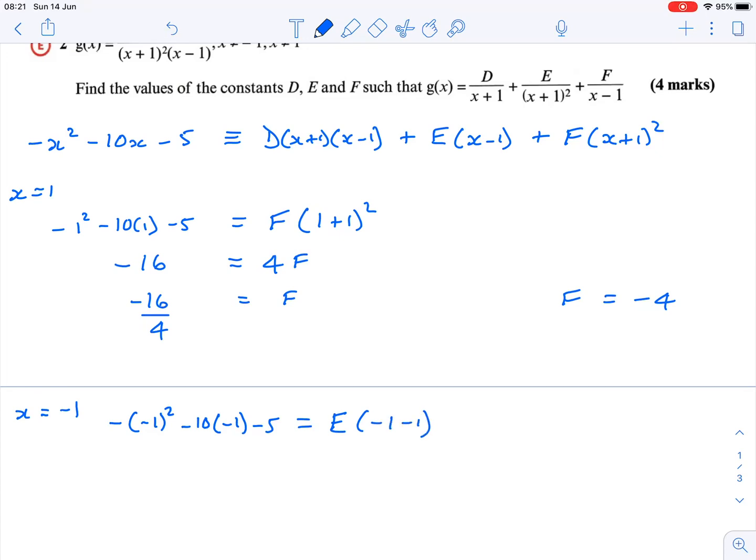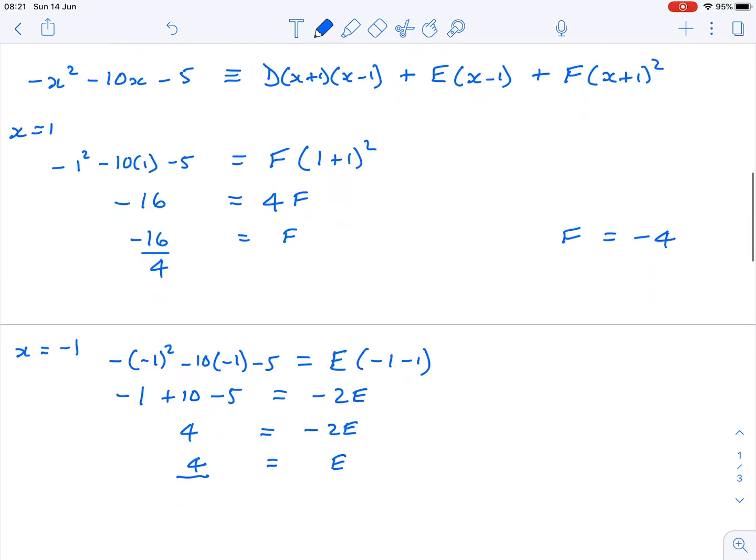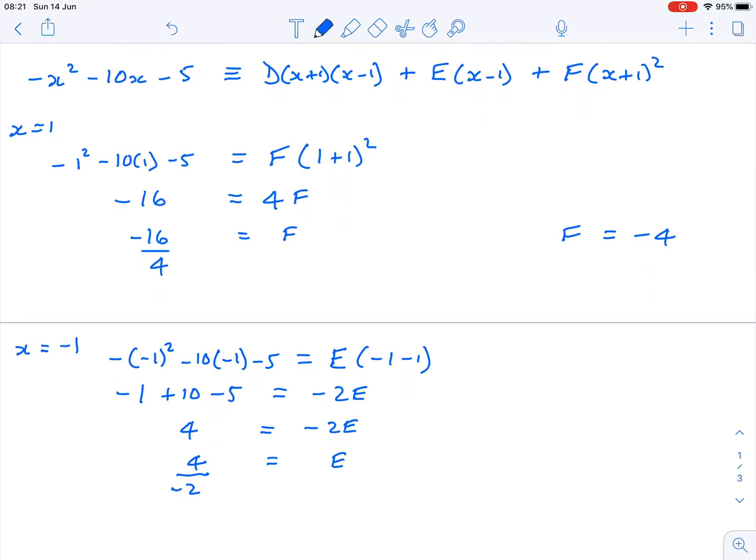Left hand side, minus 1 squared is 1, but there's a negative in front of that, so that's minus 1. Minus 10 times minus 1 is plus 10, and then there's minus 5. And that's equal to minus 2e. 10 minus 6 is 4. 4 is minus 2e, so e is equal to 4 divided by minus 2. So e is minus 2.